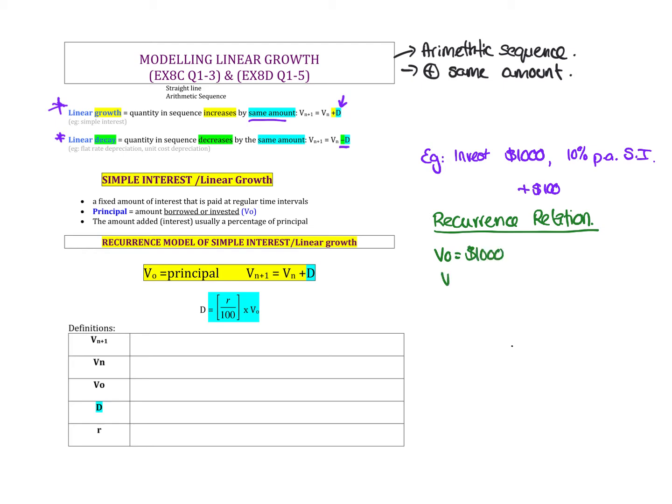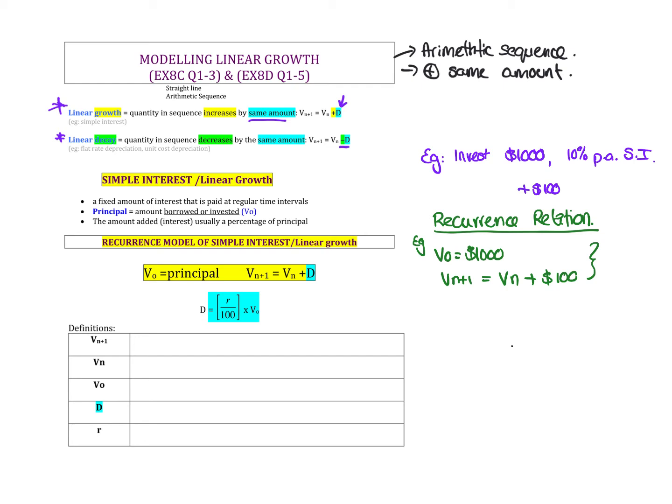And then I write the rule of how I get the next term. So it's whatever you had before plus, in this example, 100. That would be the formula. This is the recurrence relation for that scenario.